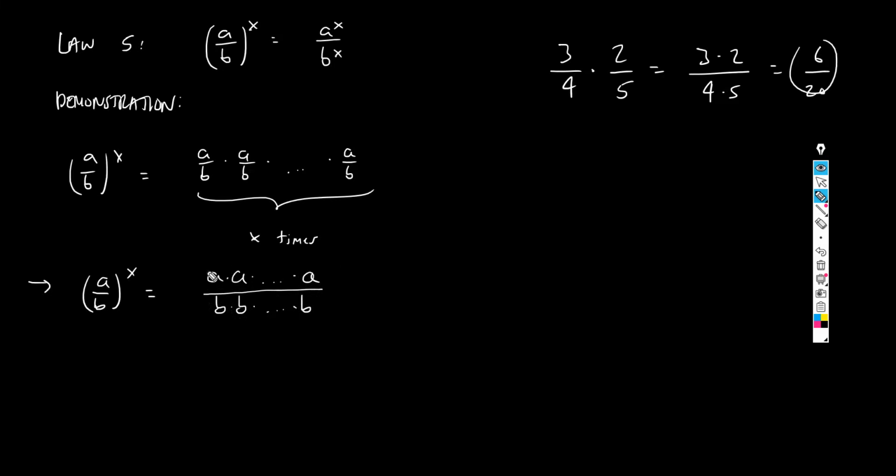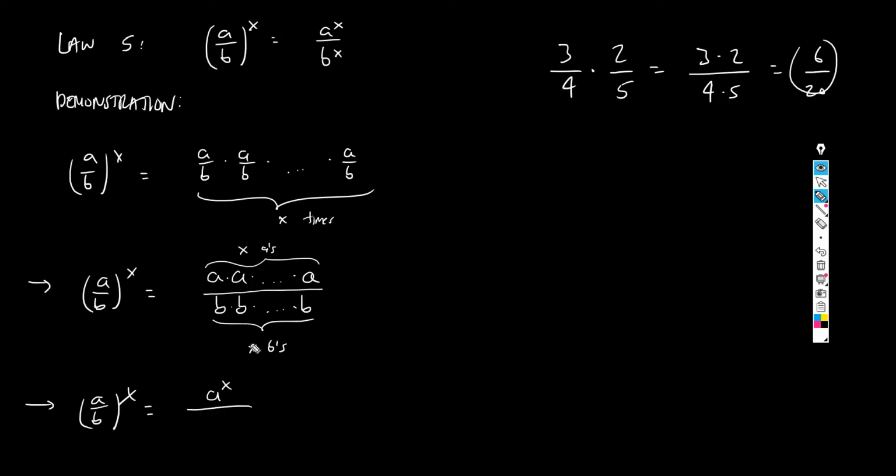How many a's do I have in here? This is x times. How many a's do I have? I have x a's. How many b's do I have? I have x b's. And thus, the multiplication of x a's, I can write as a to the x.